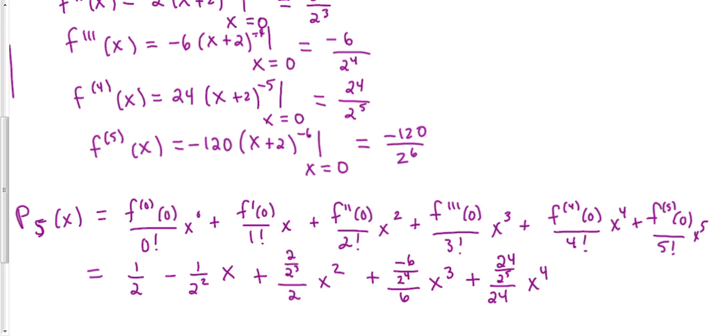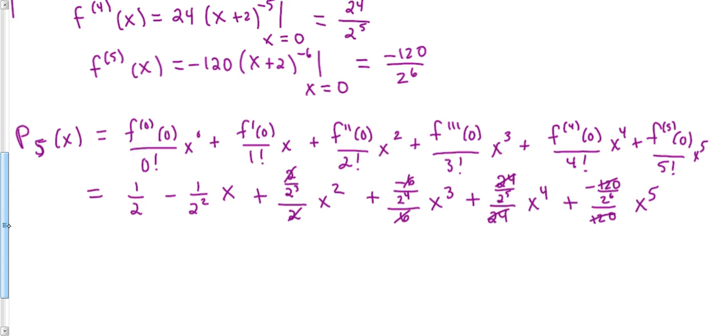Multiply that by x to the 4th, plus my fifth derivative evaluated at 0, which is negative 120 over 2 to the 6th divided by 5 factorial, which just happens to be 120 times x to the 5th. And I'm going to be able to cancel out a whole bunch of stuff. This 2 will cancel with this, my 6 with my 6, 24 with 24, 120 with 120.